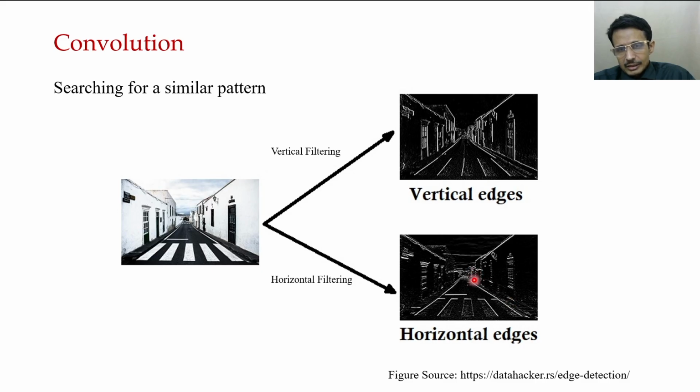Find this kind of horizontal lines here, so that we can understand that given this particular image, we can find the horizontal edges or vertical edges by virtue of the convolution of a certain kernel, and that is very important.